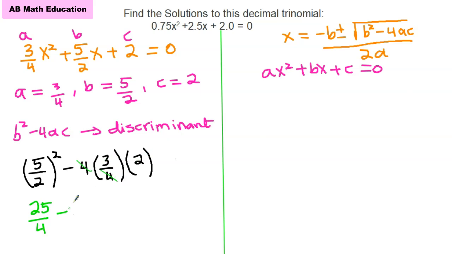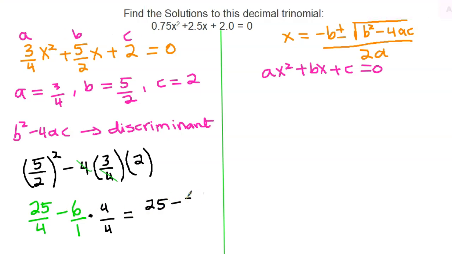Then 4 times 3 on 4 times 2, which is 6. Every number is over 1. Since here the denominator is 4, you multiply here by 4 and here by 4, so that you get the same denominator. If you do that, that will be equal to 25 minus 24, all on 4, which gives us just 1 on 4.